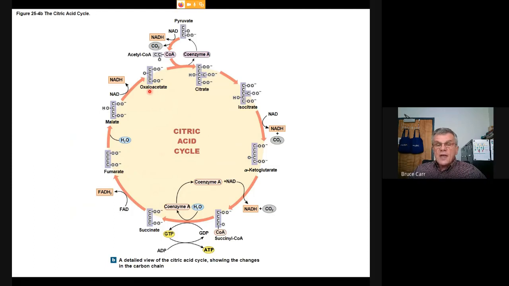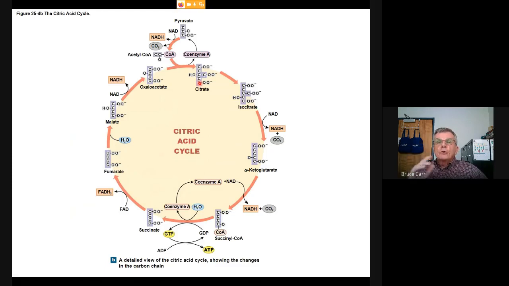Oxaloacetate, you'll notice, is a 4-carbon group, and the acetyl group basically sticks onto it. But it does it in a kind of complex way. It's not just sticking onto the end. It's actually causing a rearrangement, because now, notice, this carbon is attached to the central carbon. So we're binding and rearranging.